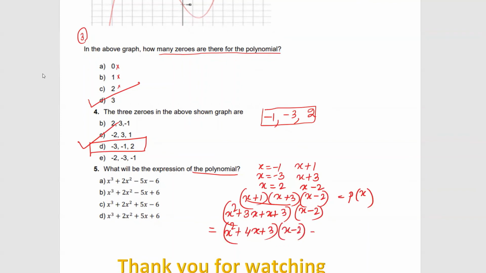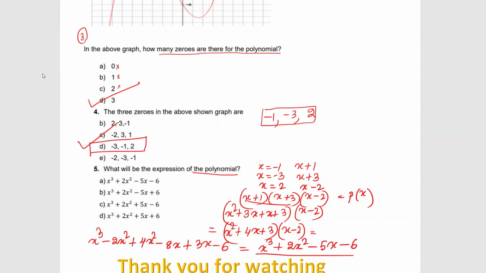Go on multiplying. This gives you x cube minus 2x square plus 4x square minus 8x plus 3x minus 6. So it will simplify. You will get x cube plus 2x square minus 5x minus 6.